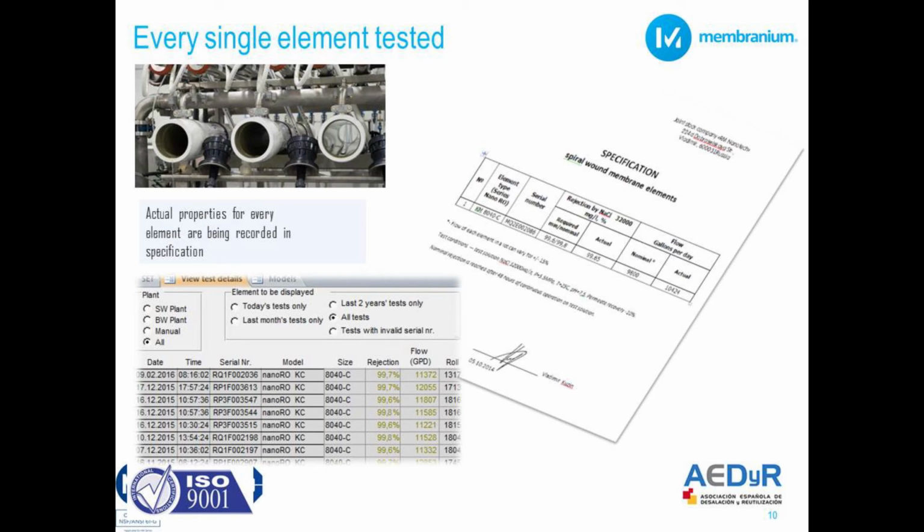For example, the elements with the bigger flux you have to place at the end of the pressure vessel, and the elements with the smaller flux you load at the beginning.